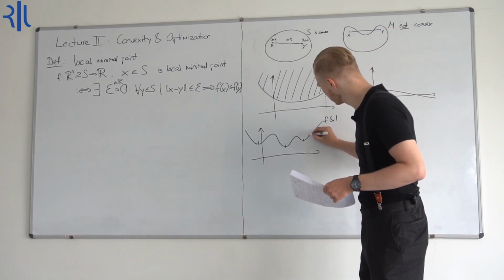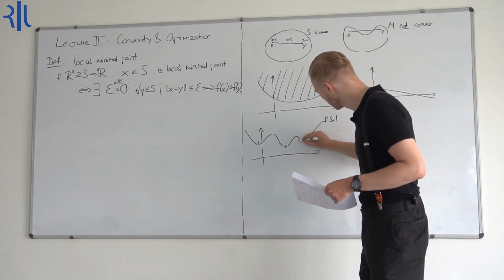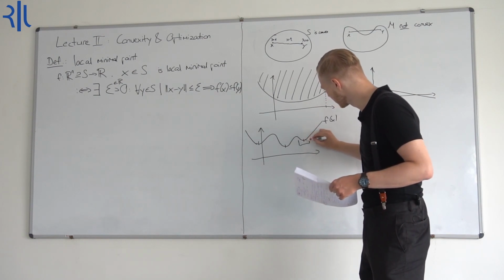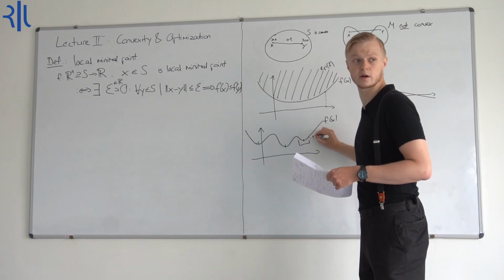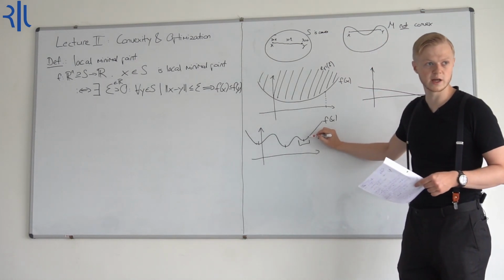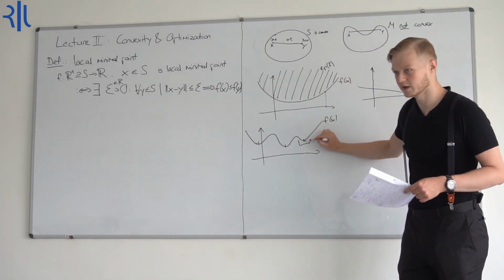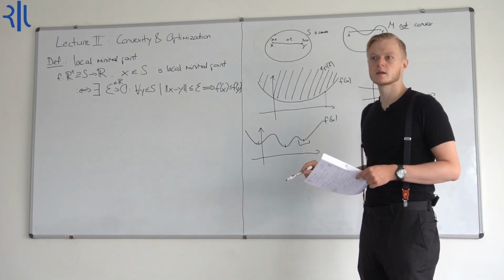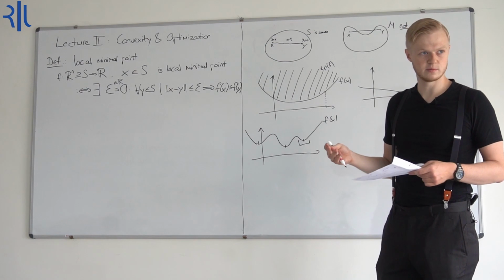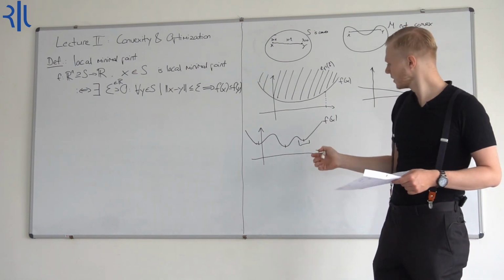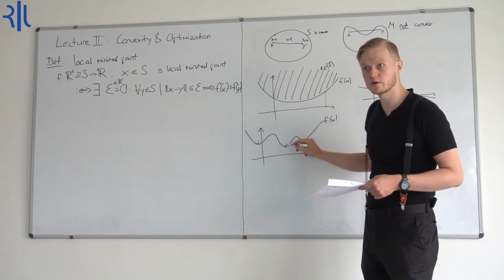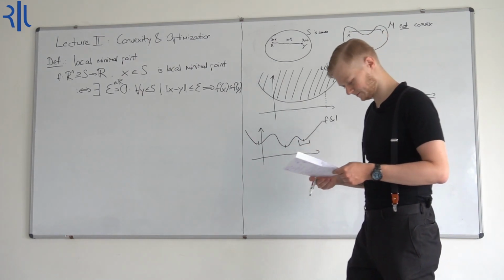So we could, for example, pick the neighborhood here, this big, and everything that we look at just in this part will have a function value greater or equal to that one. Same thing happens here and so on. However, it's not a global optimum. It is really local because this function value here is still smaller than what we got here.